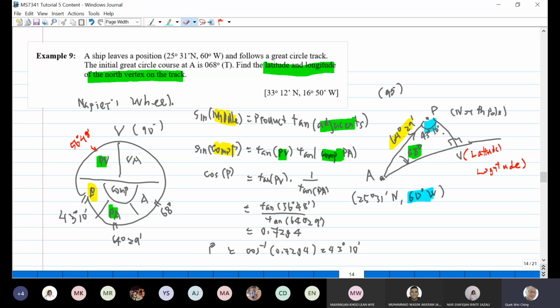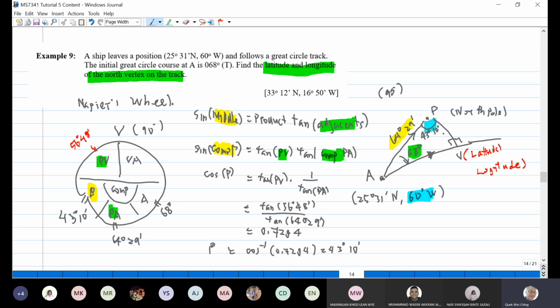The movement of the ship is at a bearing of 68 degrees, so this is where it moves, the direction of movement, toward the east side. Starting from 60 degrees west, it moves to the east side.